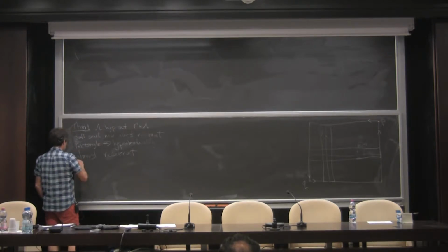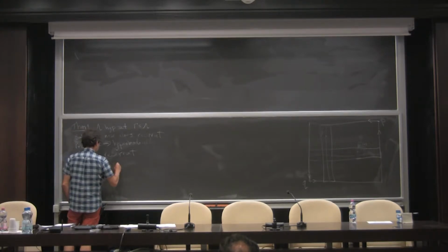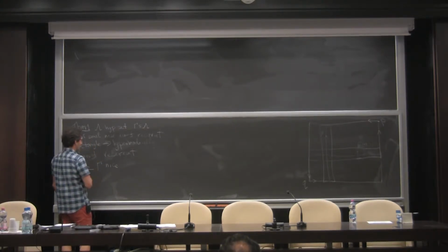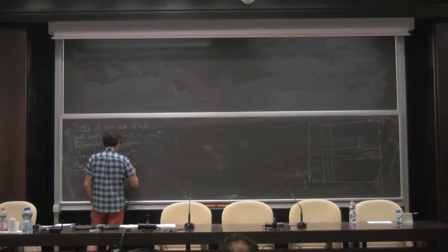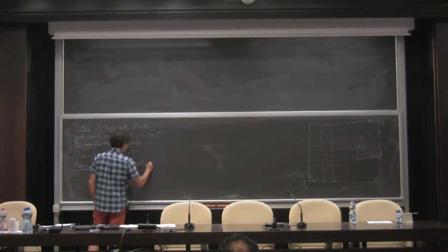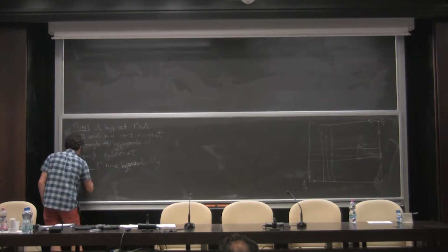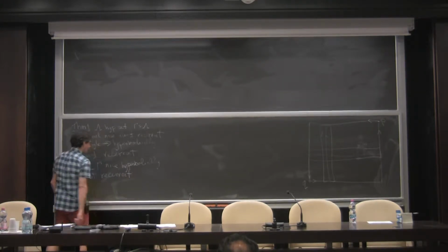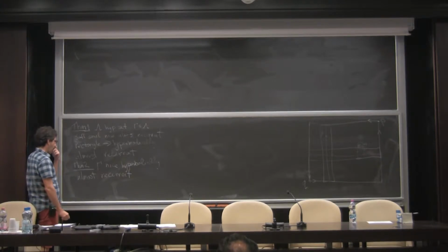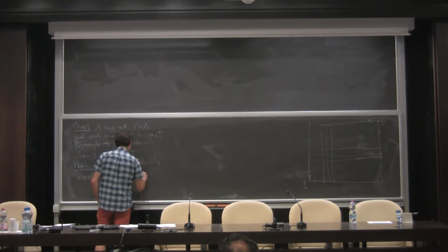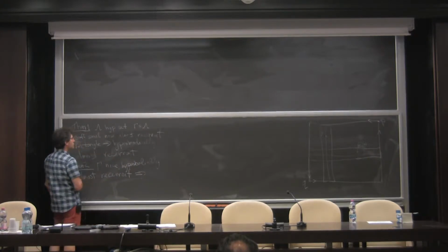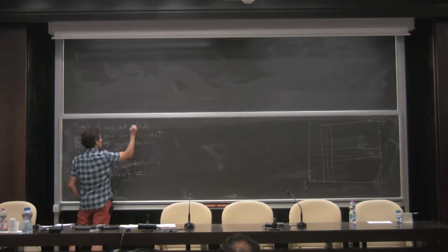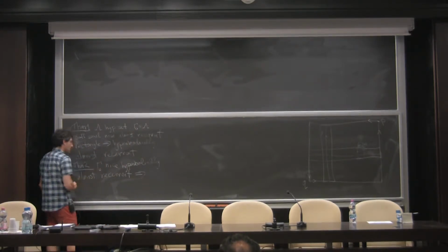And then theorem 2 said that if you have this property, so Gamma is nice and hyperbolically almost recurrent, then, sorry, it's more useful to call this Gamma 0 because we're going to move on to another Gamma.